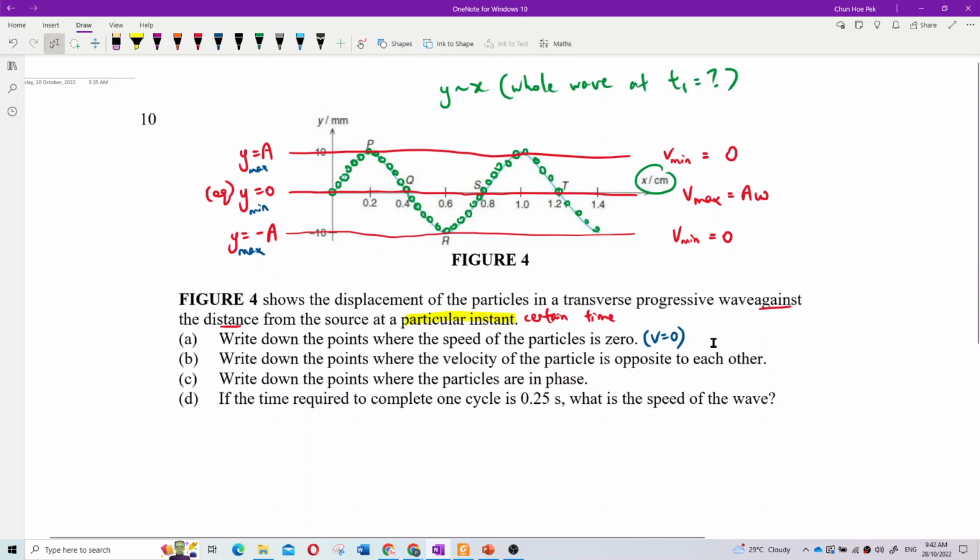So the answer is P and R, where velocity is 0.